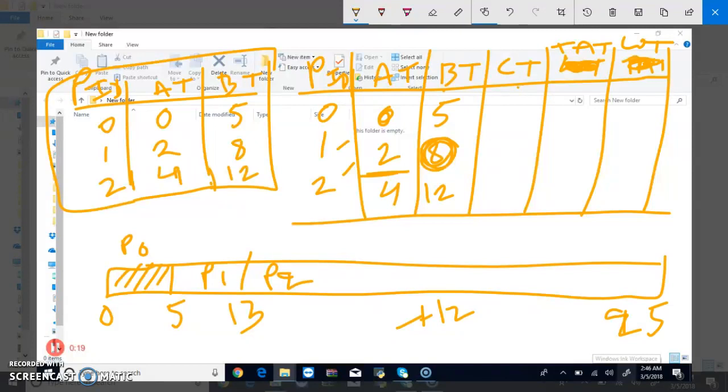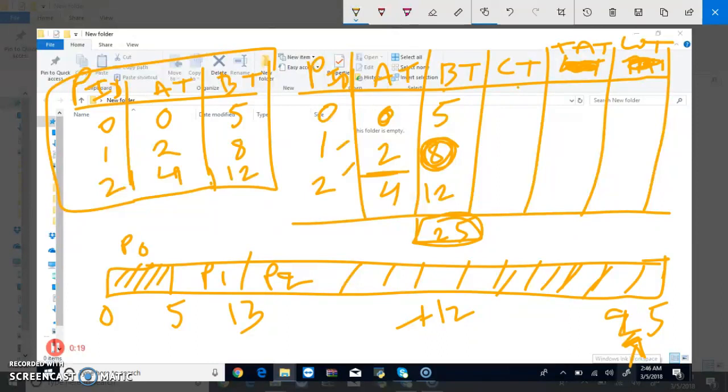Once you finish the Gantt chart, first add the burst times. This is a simple observation: 5 plus 8 plus 12 is 25. This total of burst times equals the total ready queue completion, also 25.